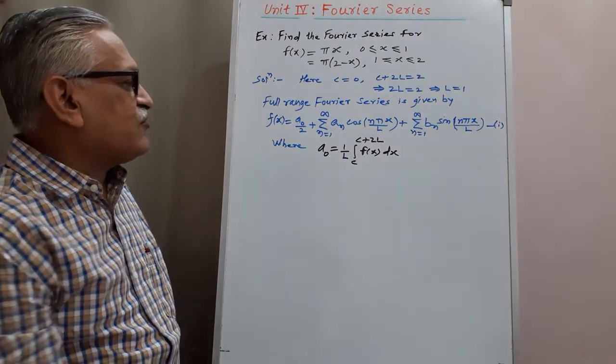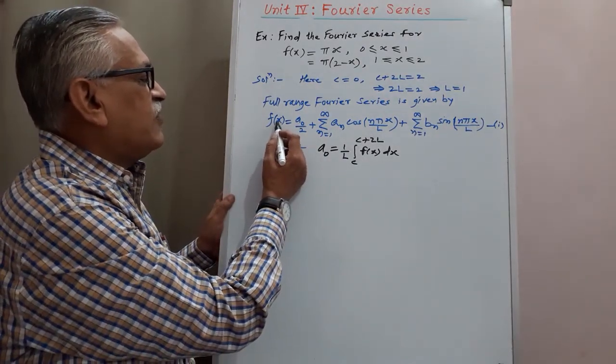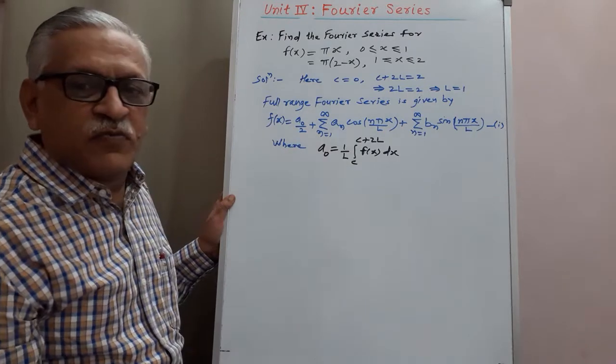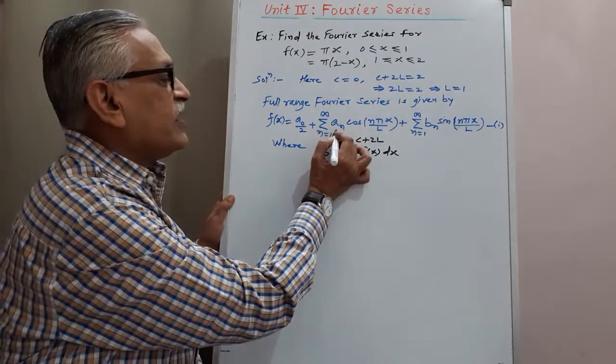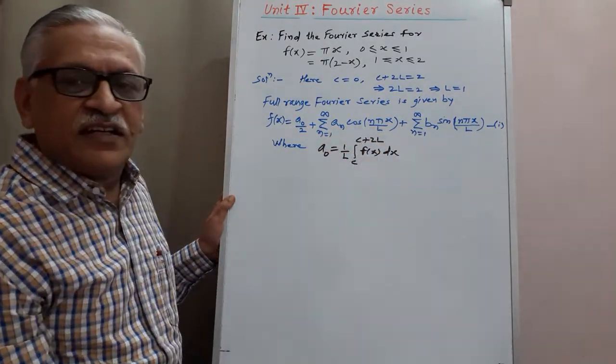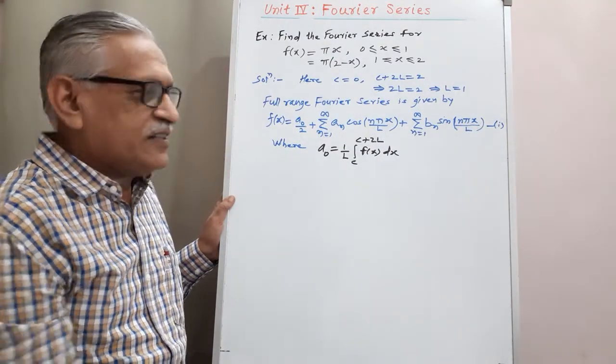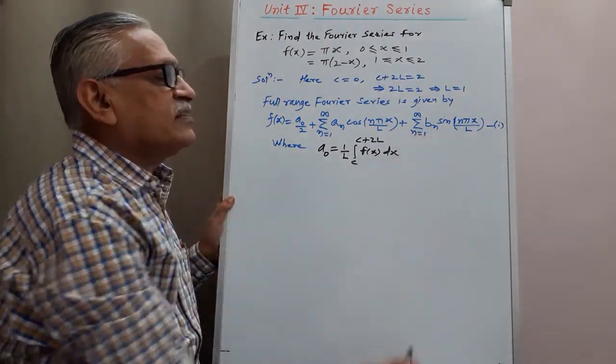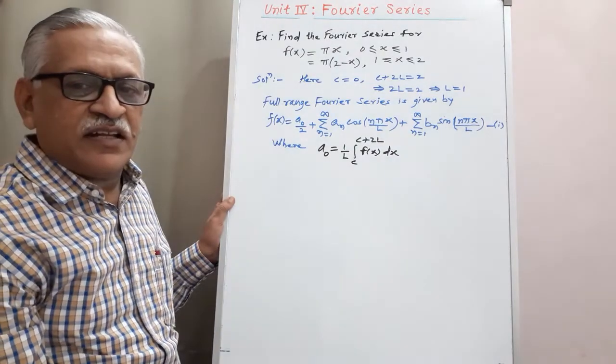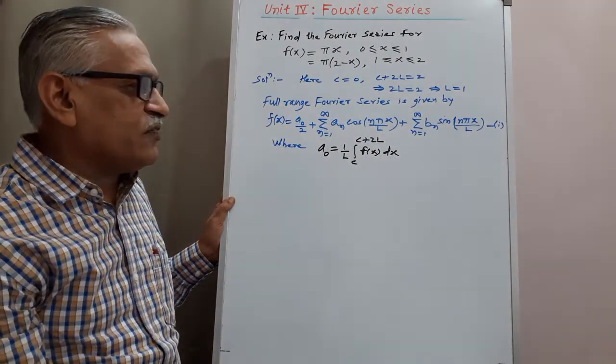Then the full range Fourier series is given by f of x equals a0 by 2 plus summation of an cos(n pi x by L), n changes from 1 to infinity, plus summation of bn sin(n pi x by L), n changes from 1 to infinity.